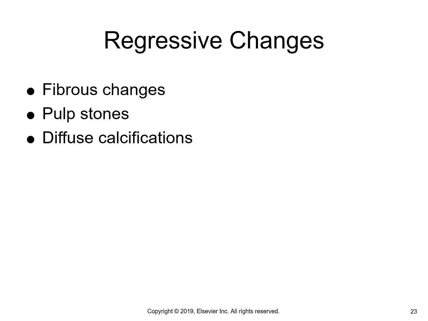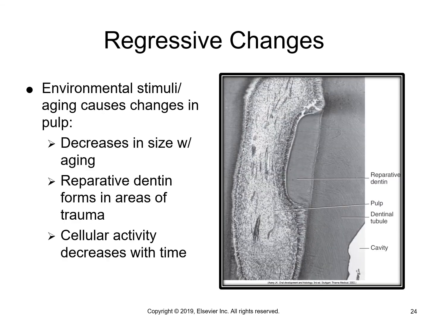Some regressive changes that can occur with pulp are they can become more fibrotic. We can see pulp stones and some diffuse calcifications. If we look at this tooth, the image that we have here, we can see the dentinal tubule, the pulp, and where reparative dentin has been laid down where the tooth was either prepped or decayed.